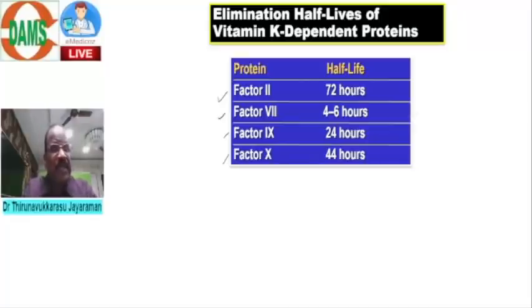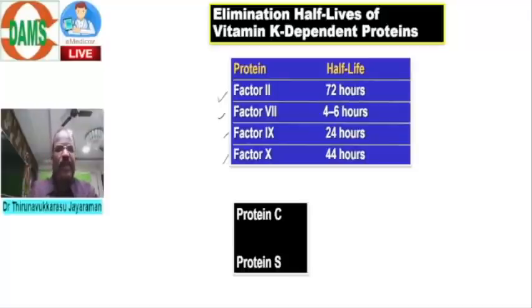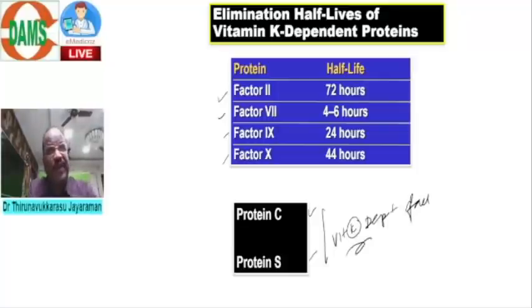But the point is, warfarin is not only inhibiting 2, 7, 9, 10, it is also going to inhibit protein C and protein S. See, protein C and protein S are also vitamin K dependent factors. If these are also vitamin K dependent factors, it means warfarin is inhibiting protein C also.